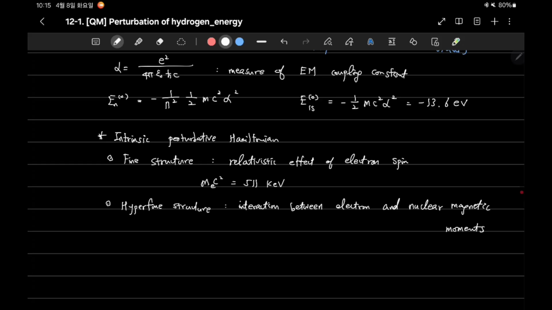Then another one is the spin-orbit coupling. Spin-orbit coupling means the interaction between the electron spin S and the orbital angular momentum.